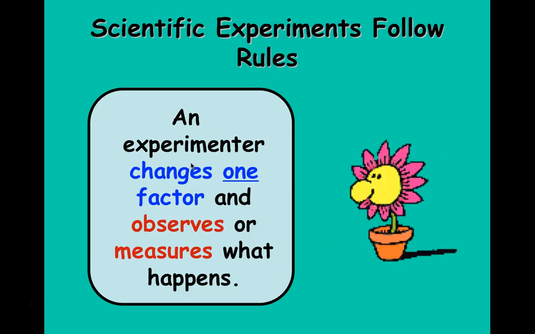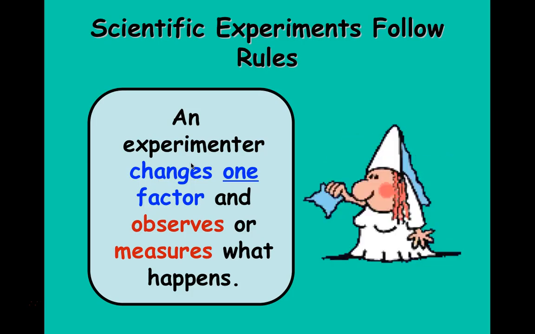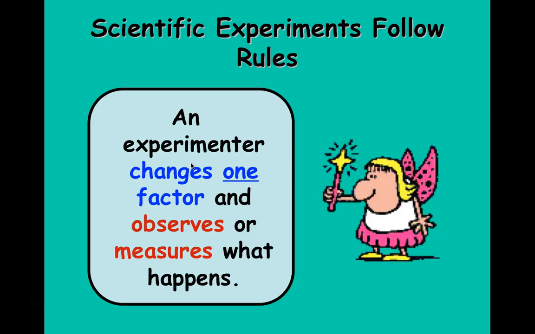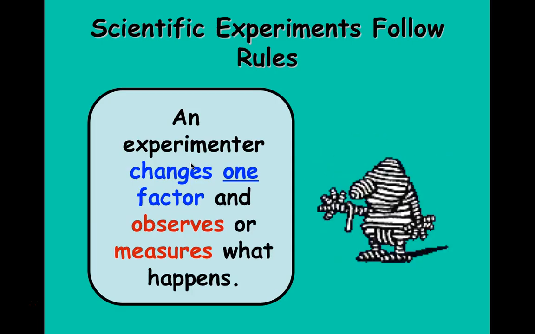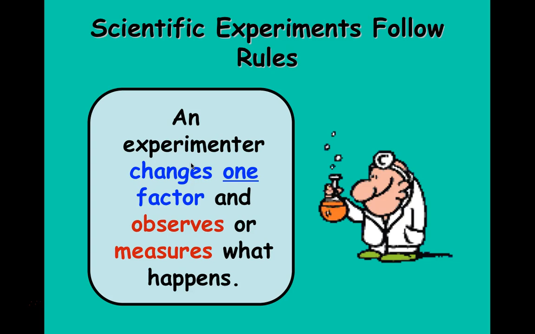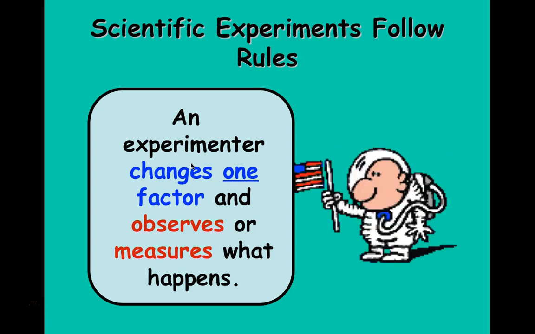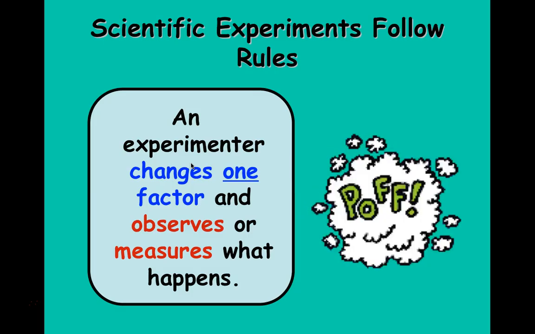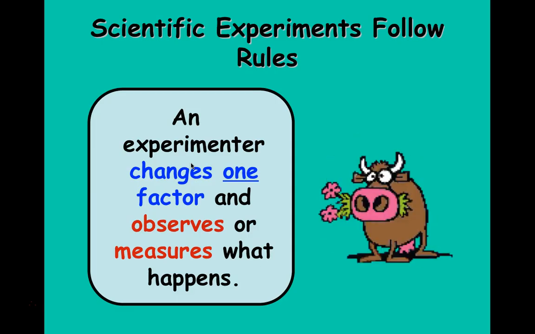Now, if you were to do both of them at the same time, where you would leave the plants in the dark and you weren't watering them, you really wouldn't know what made the plants not grow. Was it the lack of sunlight, or was it the lack of water? So in order to know exactly what variable is making a change on your experimental group, you can only change one variable at a time. It's very, very important that you remember that.